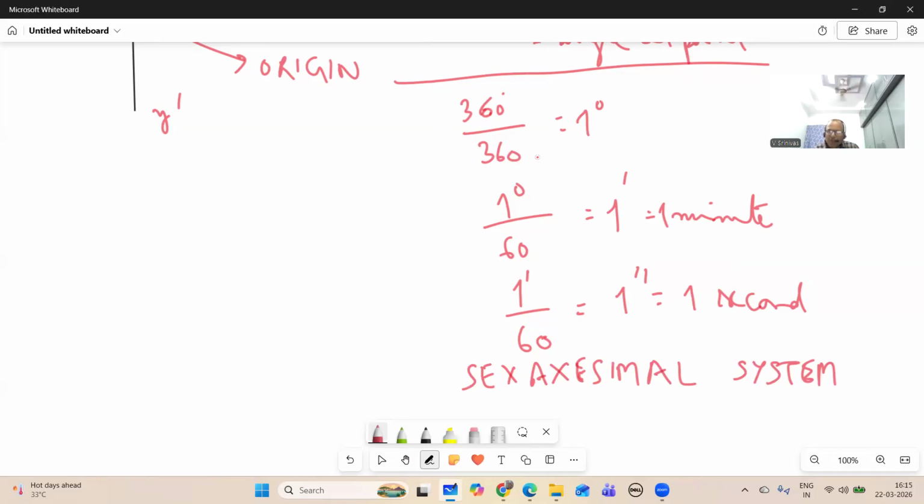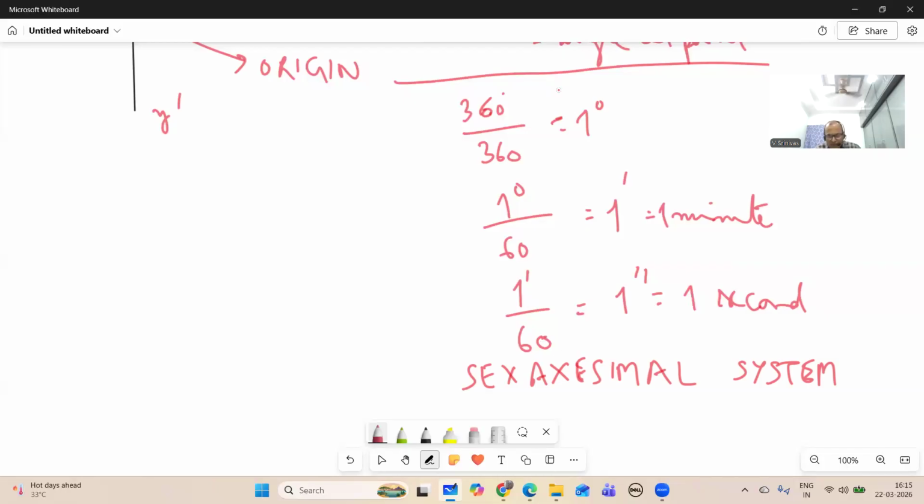Its 360th part becomes 1 degree, and 1 degree is defined to be 60 minutes. That's how we define minutes. And 60 seconds make 1 minute. That's how we define the relation of seconds to minutes.